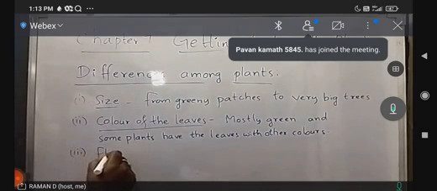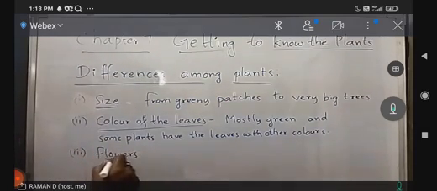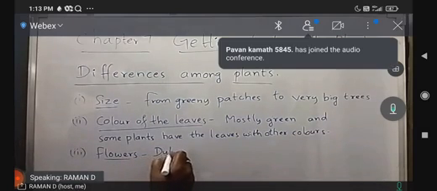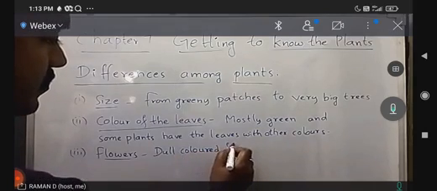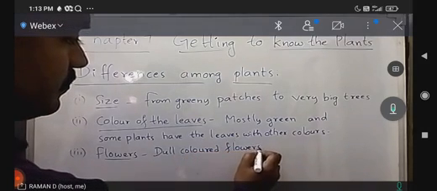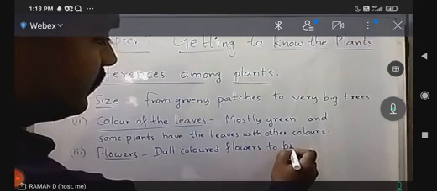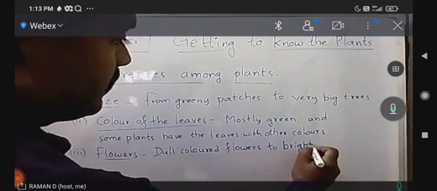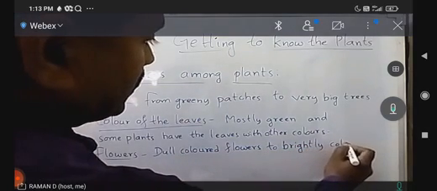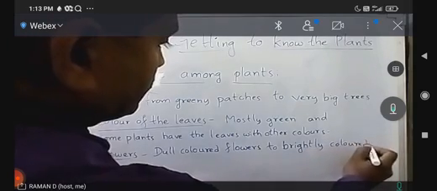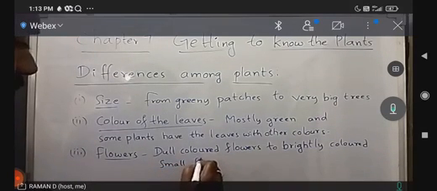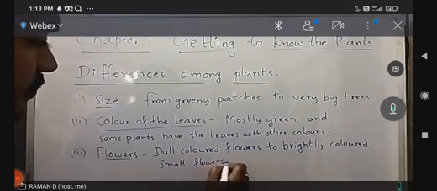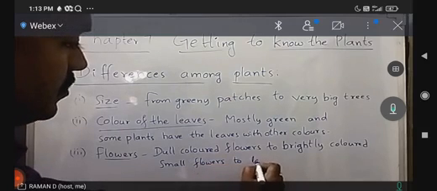Flowers: dull colored flowers to brightly colored flowers, and small flowers to large flowers.